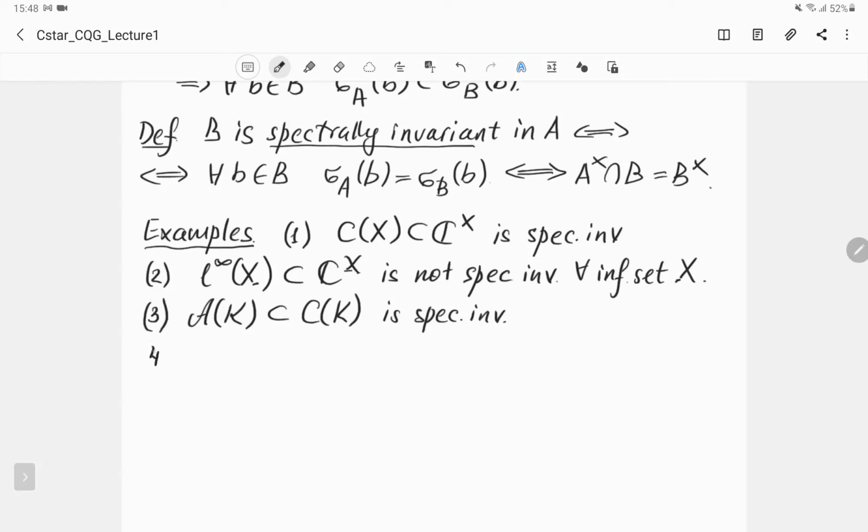And another important example is the algebra of bounded operators on a Banach space. So B of E, the algebra of all bounded operators on a Banach space, is contained in the algebra of all operators on E, which we denoted by L of E. And this algebra is spectrally invariant for each Banach space E.